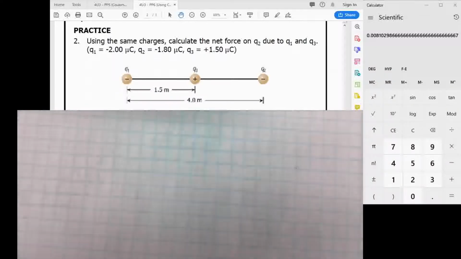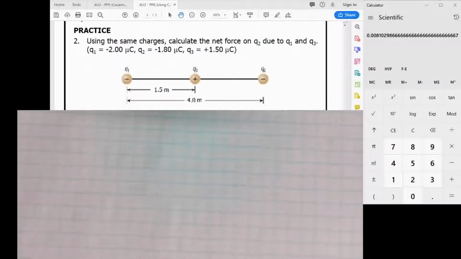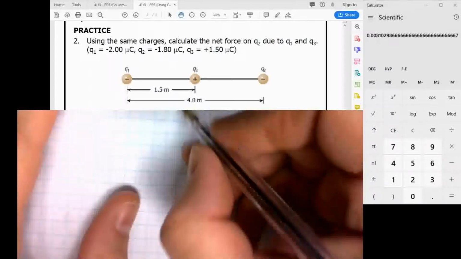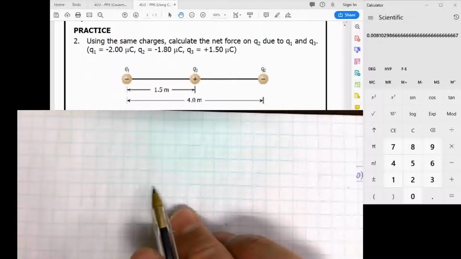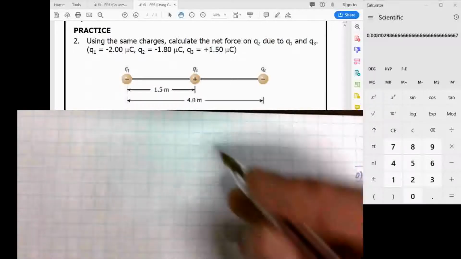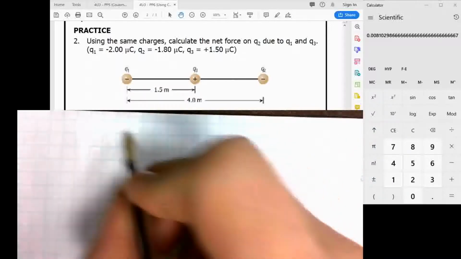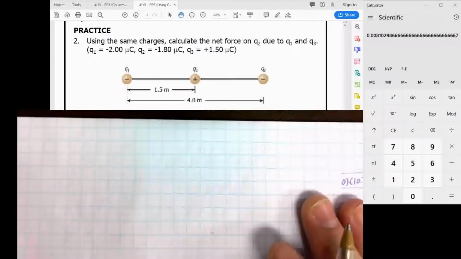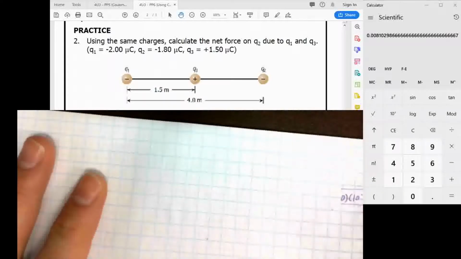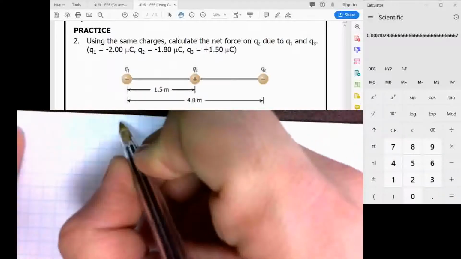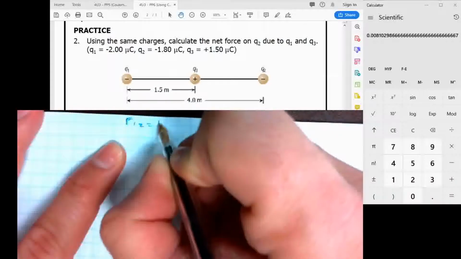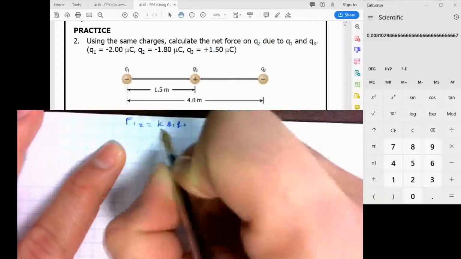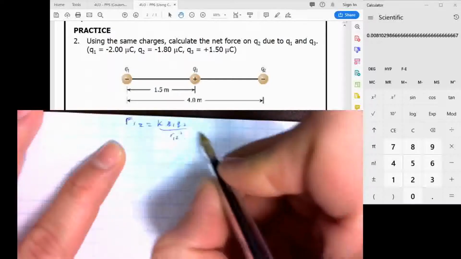Here it's the same general idea. Q2 is the one on the far right. So the force of 1 on 2 is K Q1 Q2 over R12 squared.